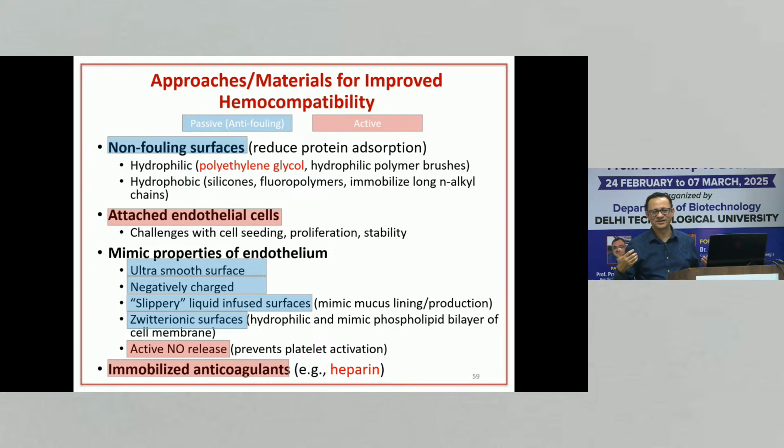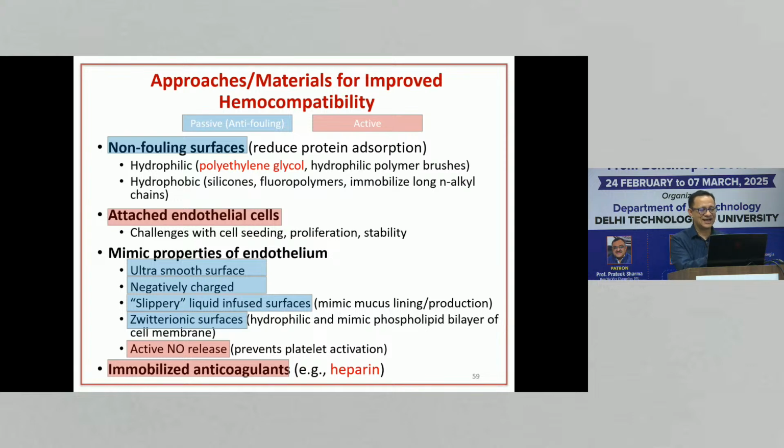If you have all this cell seeding going on it, it's so complicated, right? And before you implant any medical device in the body, it needs to be sterilized also. So can we sterilize all these endothelial cells? Also, stents, hospitals can buy and keep.